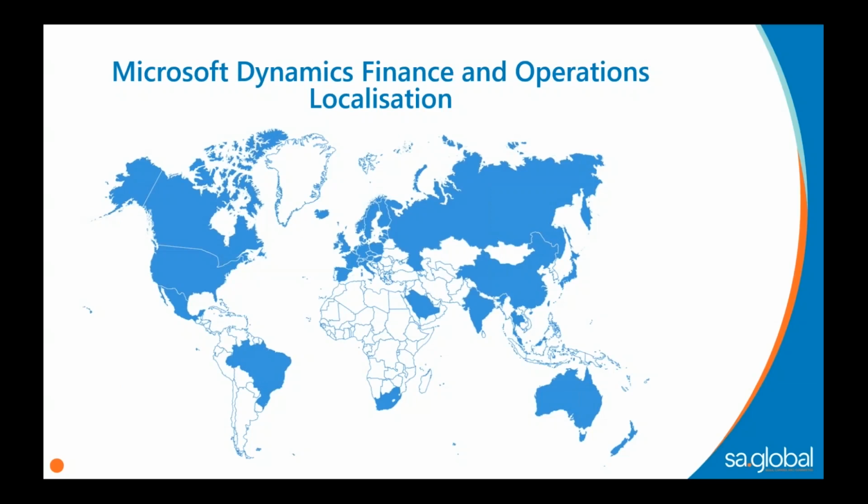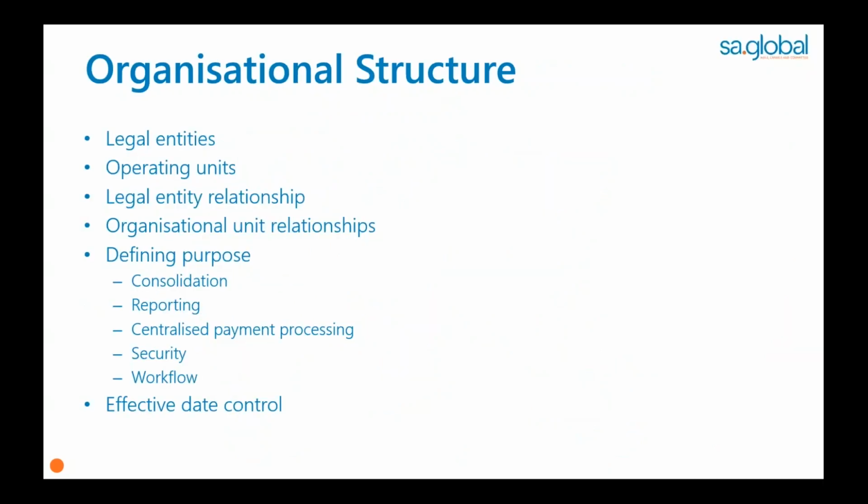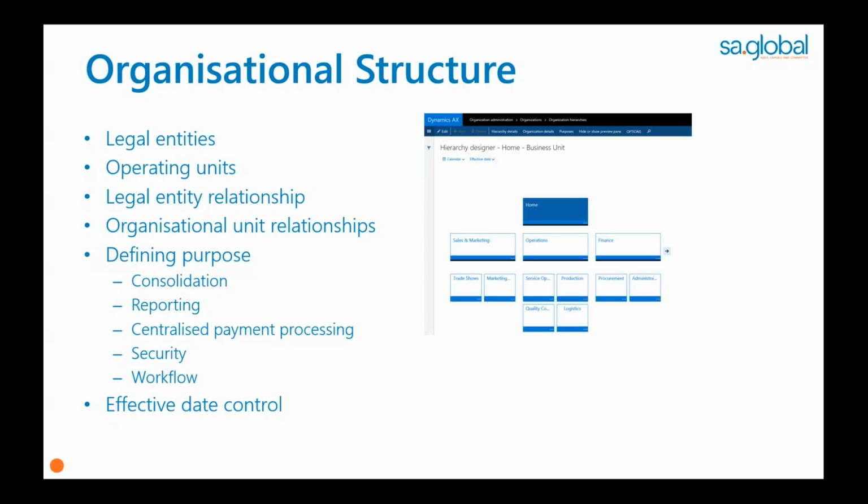This map shows you some of the 40 plus countries F&O is localized for. So as you can see, it's a very, very wide international scope. But this worldwide localization is not new. It's been there in AX for many AX or F&O versions. What is new is the capability of organizing your legal entities in something we call organizational hierarchies, like the ones we see here.